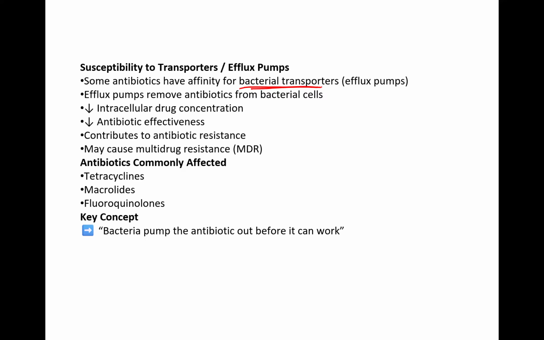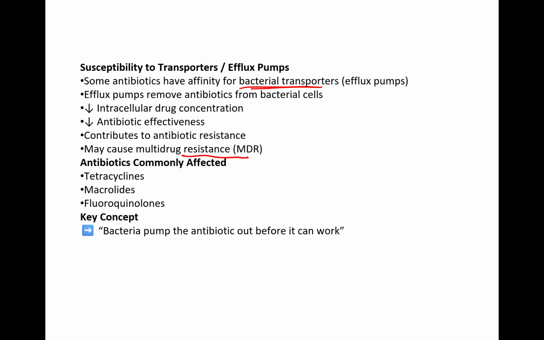When the antibiotic is removed from the bacterial cell, the intracellular drug concentration is going to be less, and there will be very little antibiotic to kill the bacteria or stop their growth. So this can contribute to antibiotic resistance, which may cause multi-drug resistance.